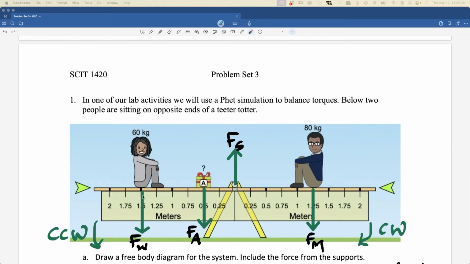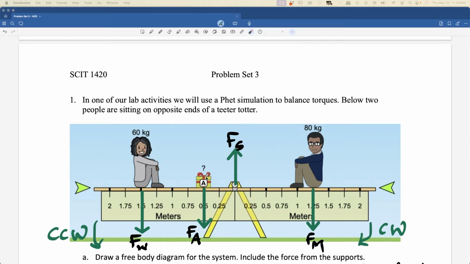The first force acting vertically down is the weight of the woman, F sub W. Second force is the weight of that unknown object. We don't know the mass or the weight of the object, that's why there's a question mark there.